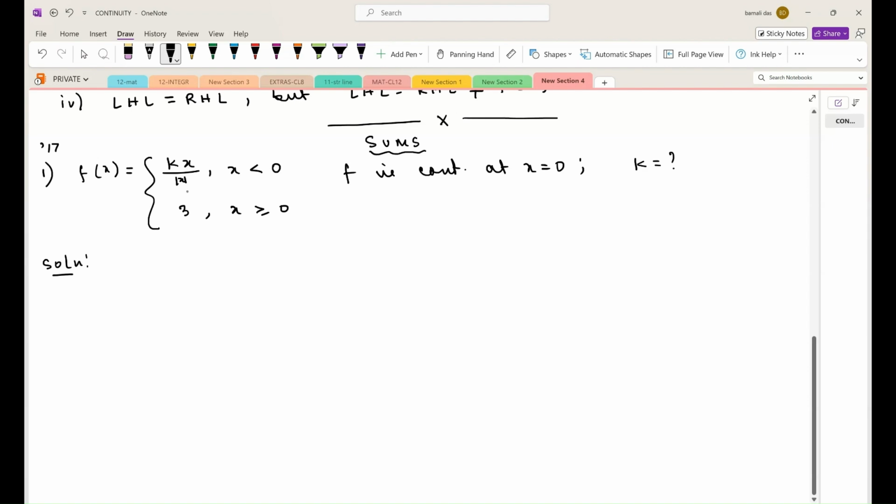Now, whenever there is a mod, I taught you to remove the mod and redefine the function. You know the definition of mod: mod x equals plus x when x is greater than 0, 0 when x equals 0, and minus x when x is negative. I taught you this in class 11. So keeping that in mind, I can redefine the function f(x).